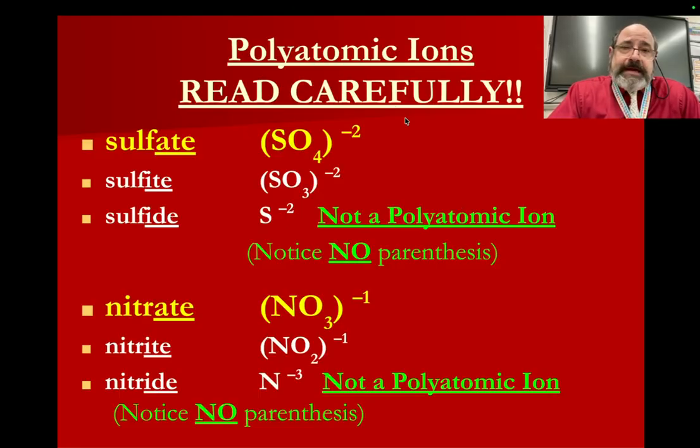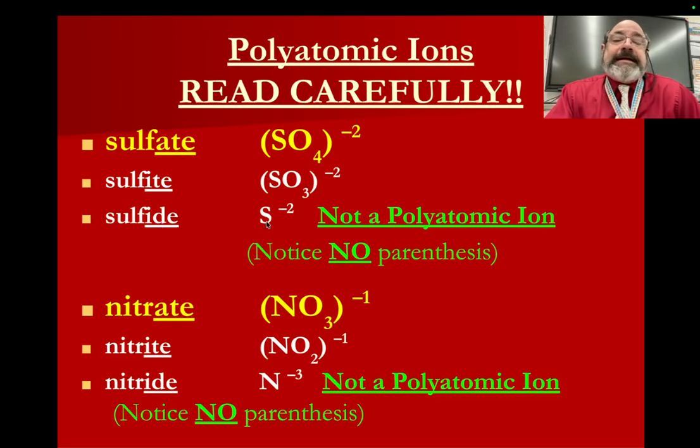Okay, so with the polyatomic ions, you need to be very, very, very, did I say that enough? Very careful with the spelling and the numbers, because sulfate, sulfite, and sulfide. Sulfate has 4 oxygens and has a charge of -2. Sulfite has 3 oxygens and a charge of -2.